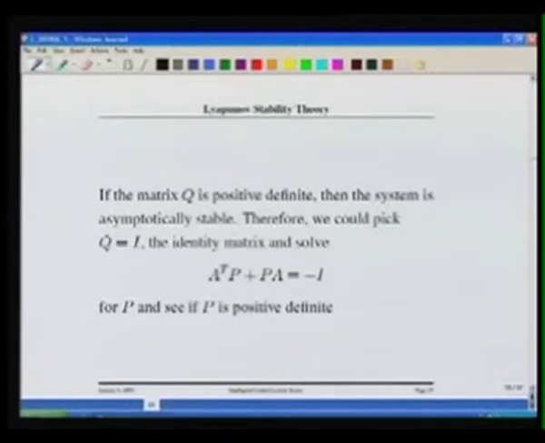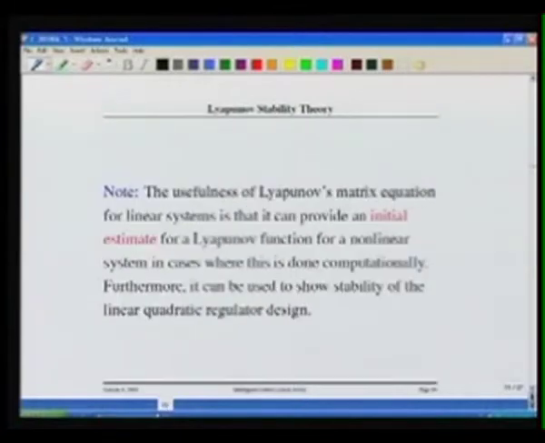Okay. So, this we already discussed, that if the matrix Q is positive definite, then the system is asymptotically stable. Therefore, we should pick Q equal to I, the identity matrix, which is a positive definite matrix, and find if P is positive definite. If P is positive definite, then it is stable. The usefulness of the Lyapunov matrix equation for linear system is that it can provide an initial estimate for the Lyapunov function for a nonlinear system in cases where this is done computationally.